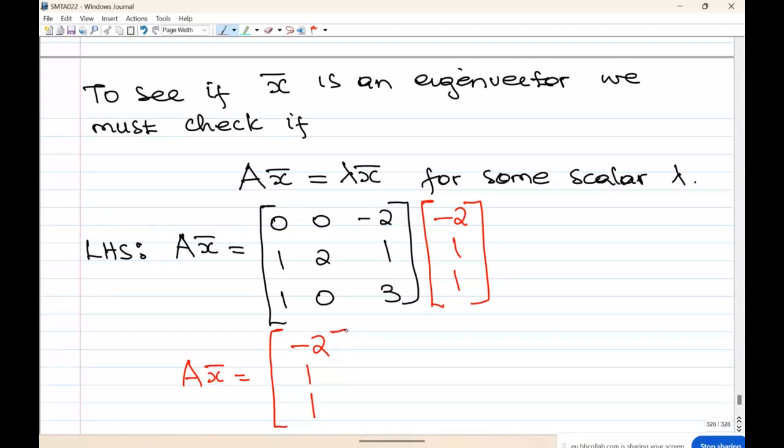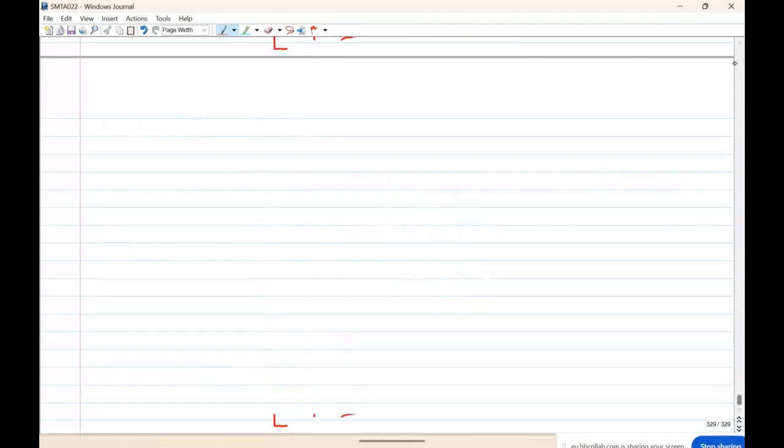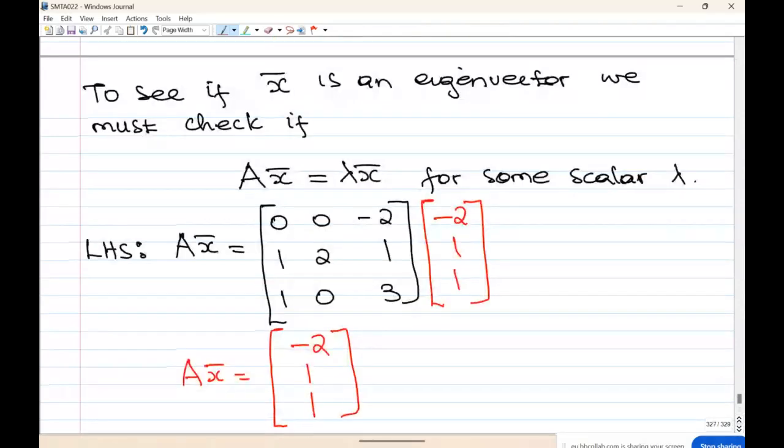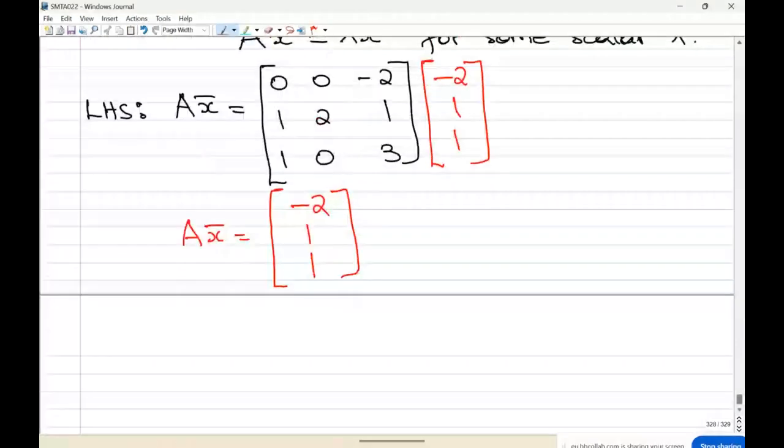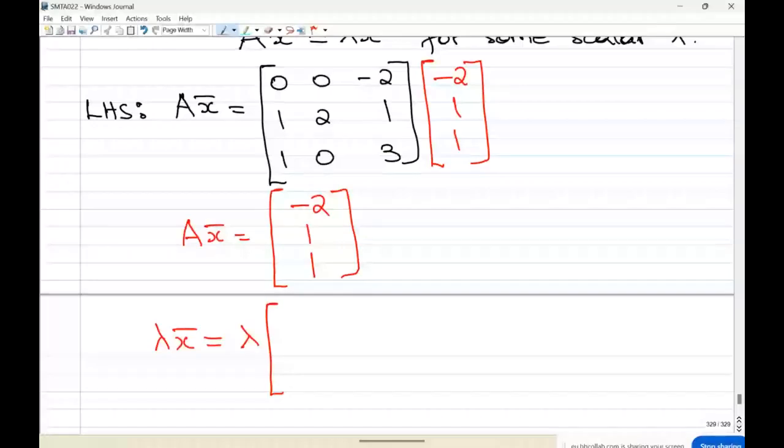Then on the right hand side, you must have lambda x. Lambda into -2, and then lambda into 1, and lambda into 1.